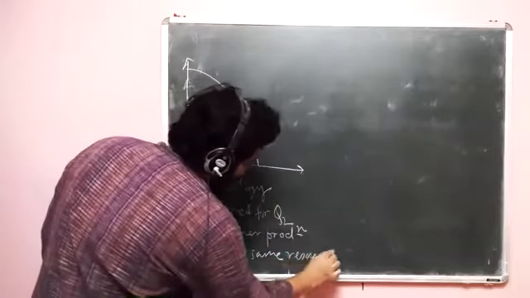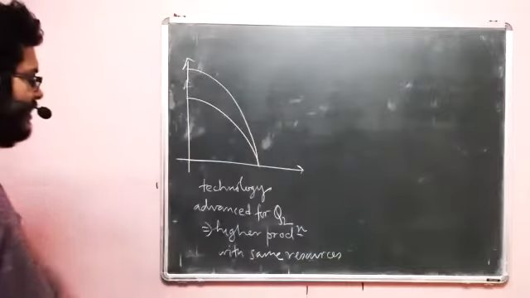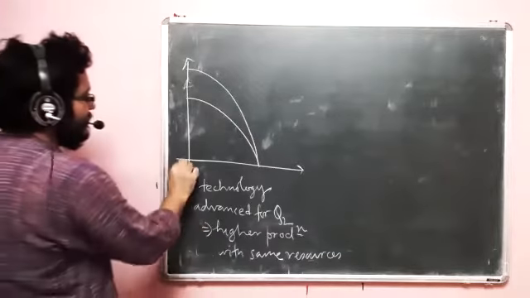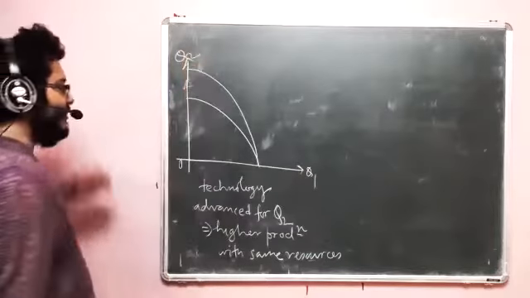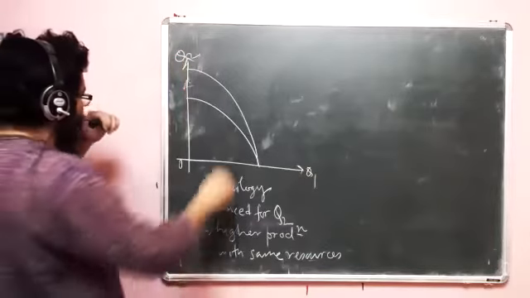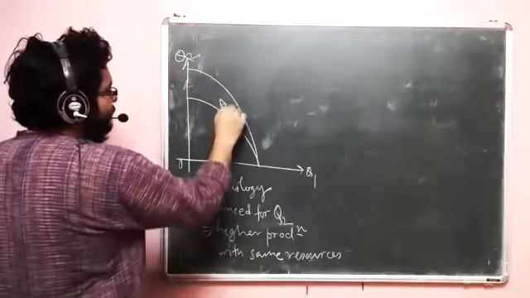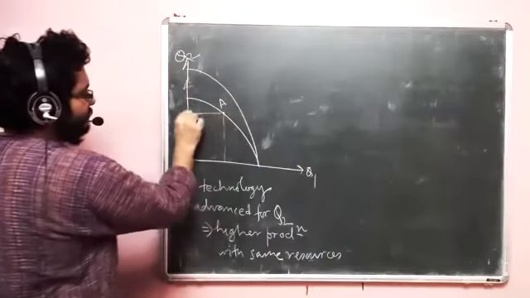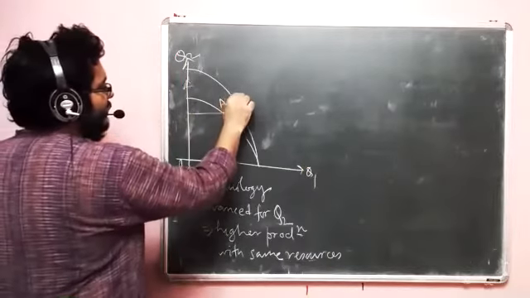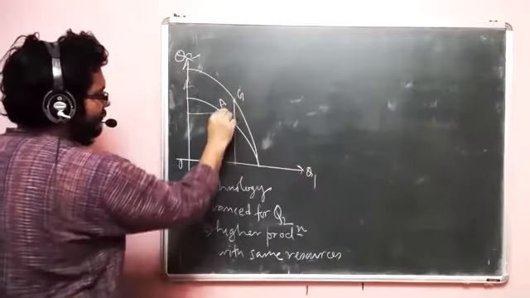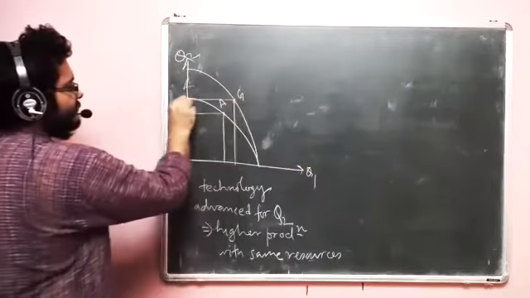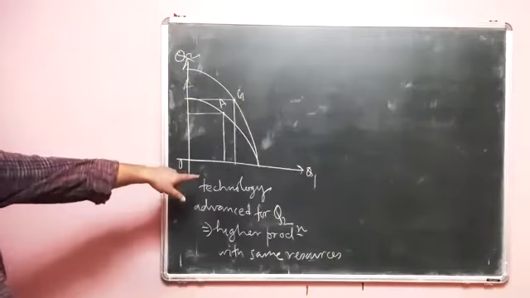A rise in productivity means basically higher production with the same resources. So obviously, for Q1 nothing will change, but for Q2 the highest point will change. And see, if you are producing at a point like A, now you can move to a point like G, where the production level of both the commodities increases.